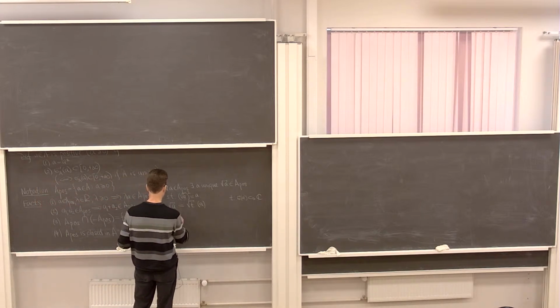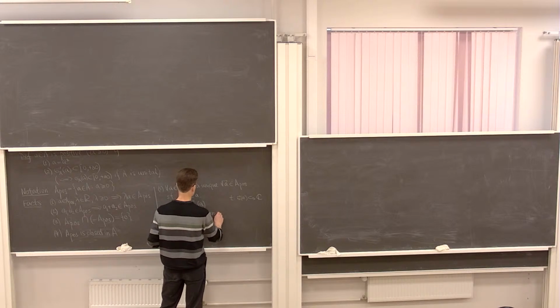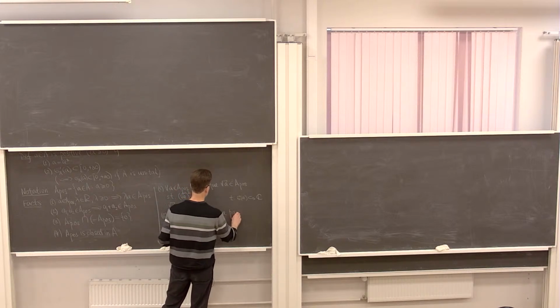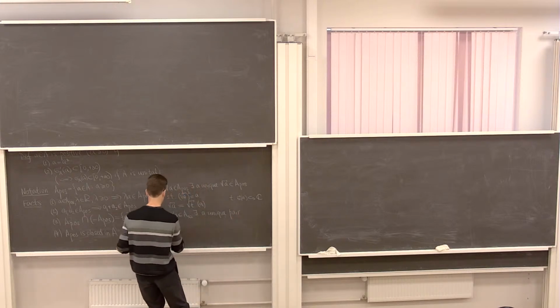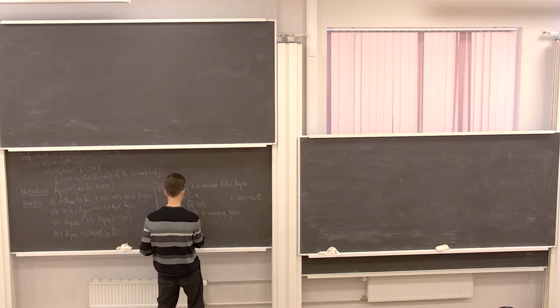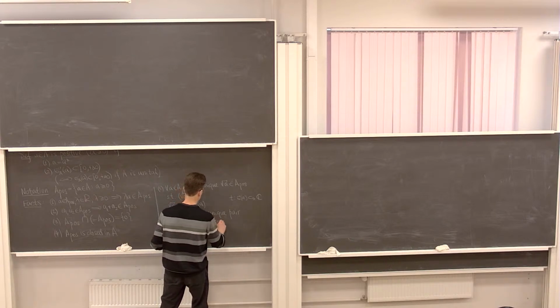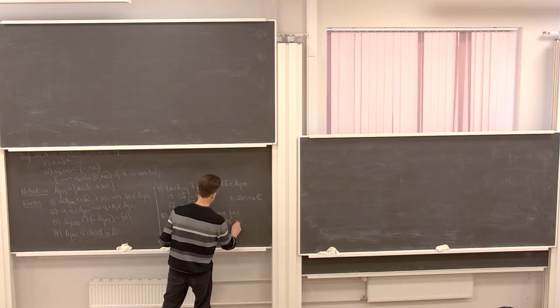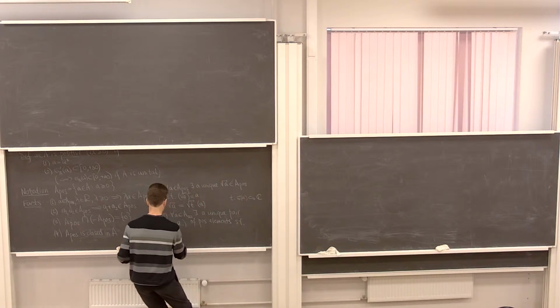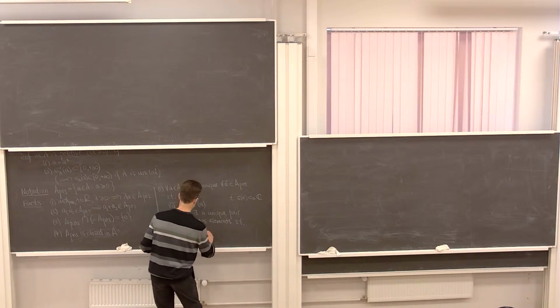So for every self-adjoint element little a, there exists a unique pair A plus, A minus of positive elements such that A is A plus minus A minus, and the product is 0.